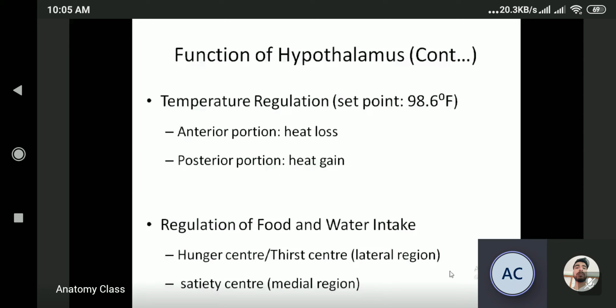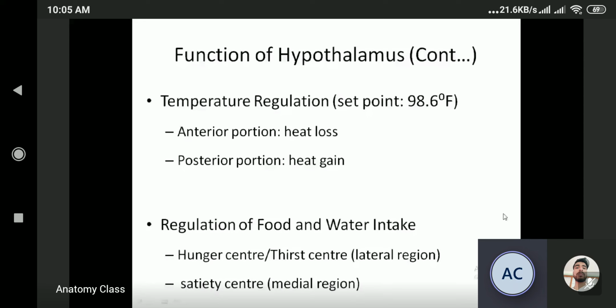And if the medial region is stimulated, as the satiety center is stimulated, he or she will feel full without having anything, even if they are not taking any food. So the satiety center, and the hunger and thirst centers, are present within the medial and lateral regions of the hypothalamus.